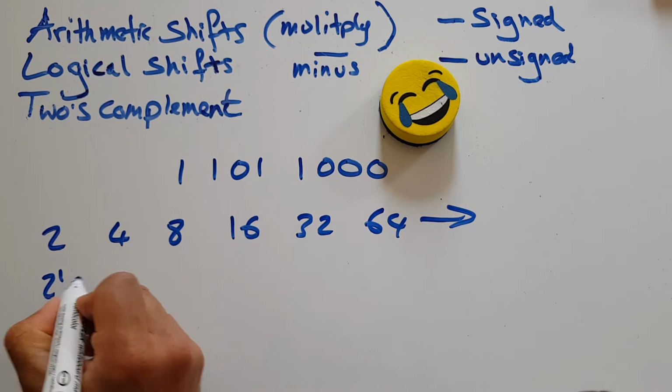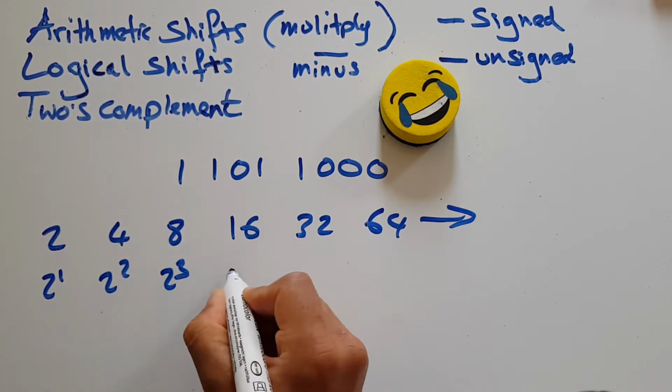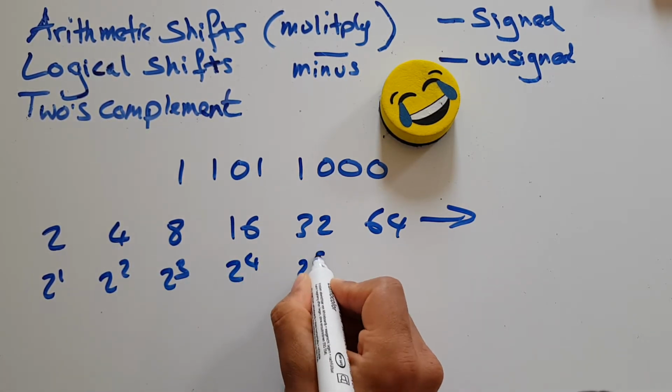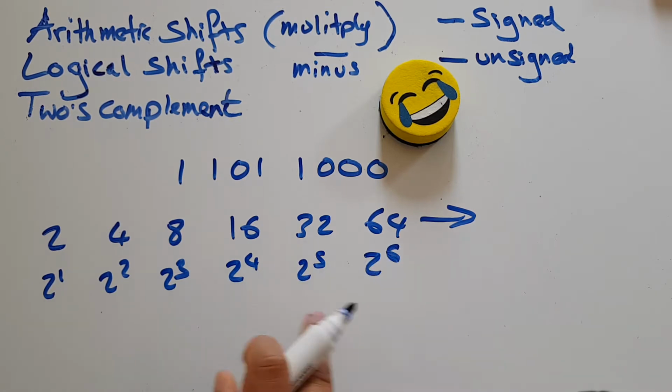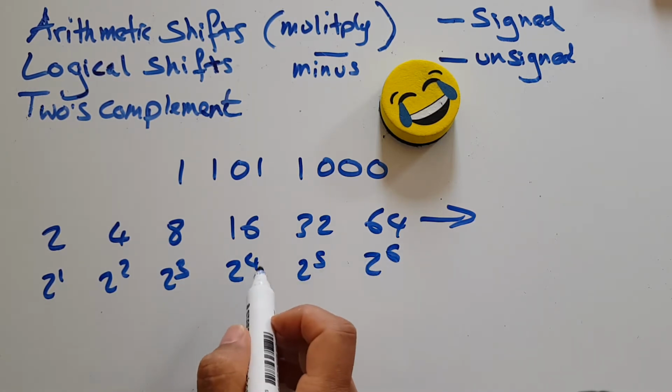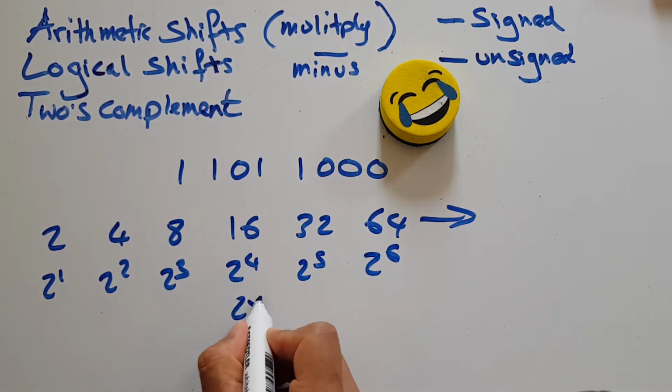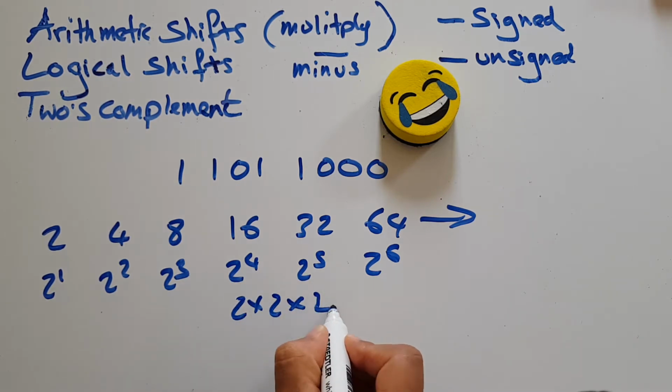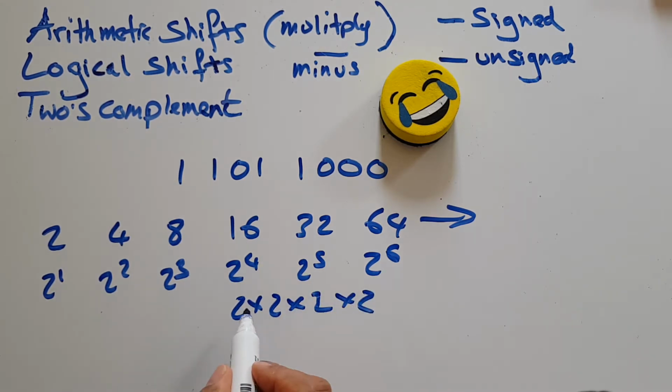Well, you can tell that they are all powers of 2. So for example, 2 times 2 times 2 times 2: 1, 2, 3, 4. 2 times 2 is 4, 2 4s are 8, and 2 8s is 16. So 2 to the 4 is 16.